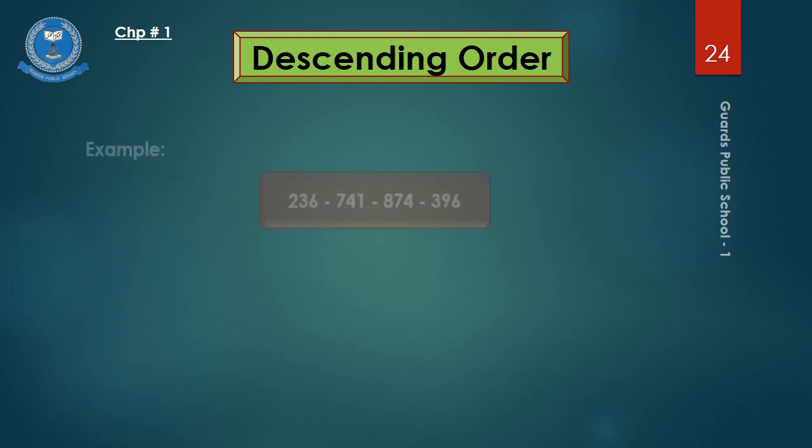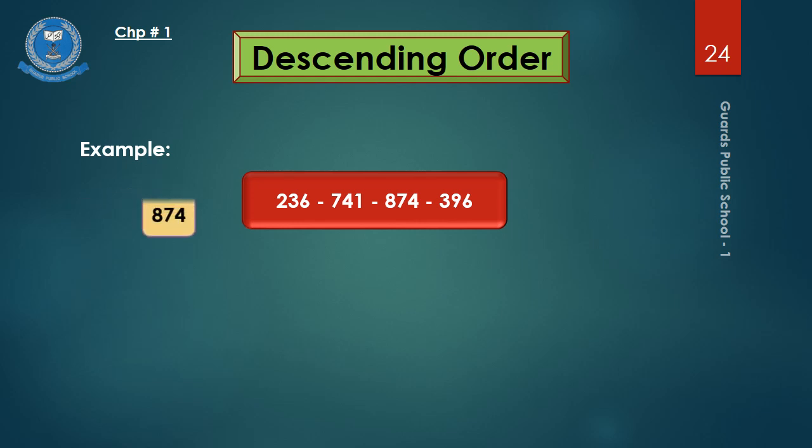Let's move to another example. 236, 741, 874, 396. Come on, students, let's arrange it in descending order. All of you look at the hundreds number. Tell me which is the biggest number? Yes, it's 8. So the biggest number is 874.